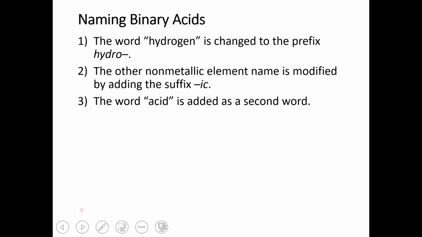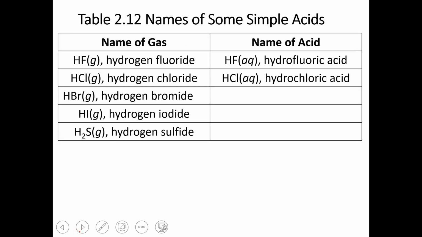So let's take a look at a couple of examples here. If we have HF, if we were naming this as a gas, we would call it hydrogen fluoride. We change hydrogen to hydro, and then we change the ending of fluoride to -ic, so it's hydrofluoric acid.